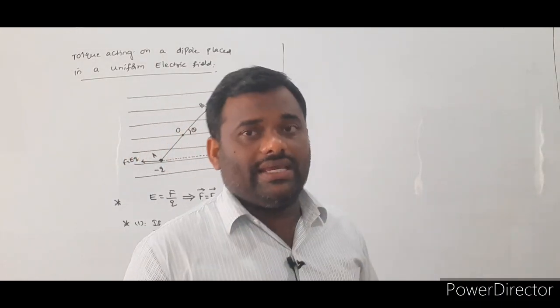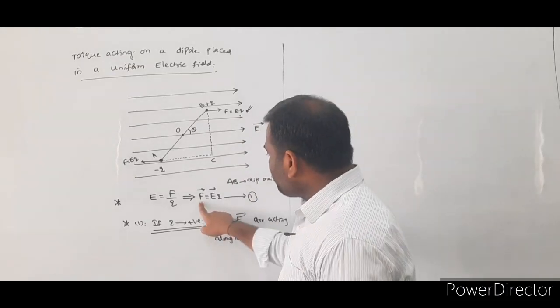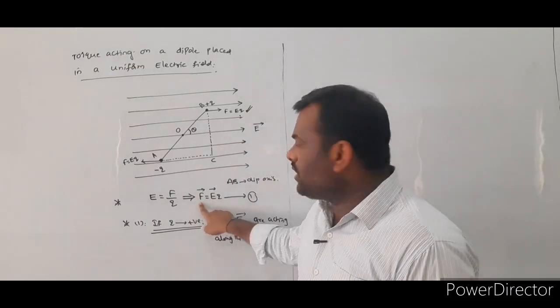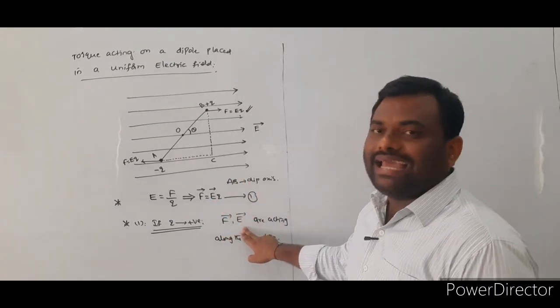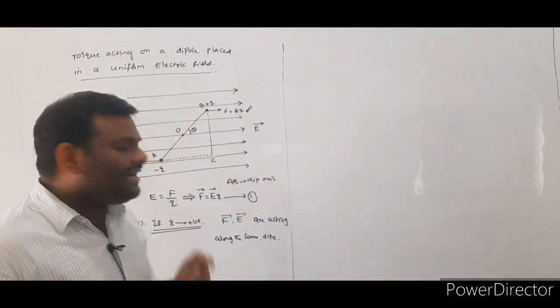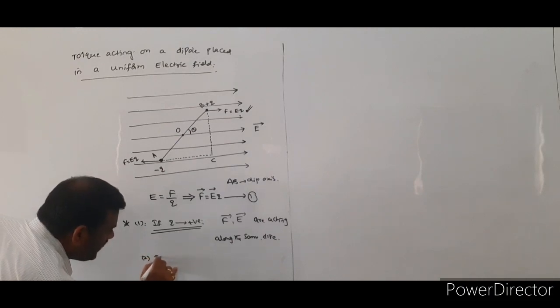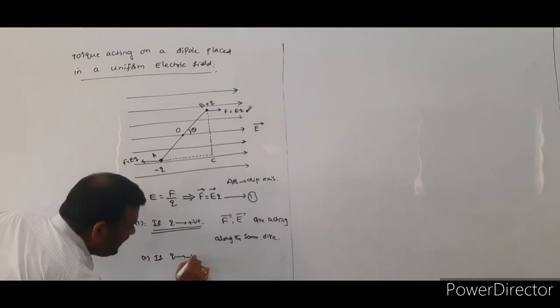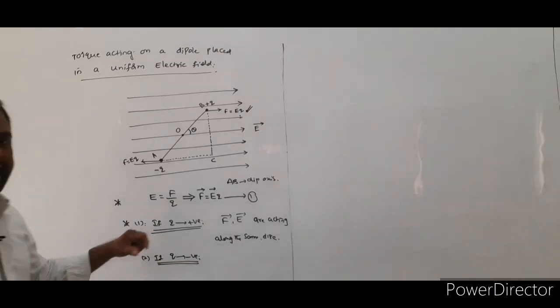Whatever charge we consider, if that charge is positive, then from the equation F bar is equal to E bar into Q, both the force and field vectors will act in the same direction. Suppose whatever charge you consider, that charge Q is a negative charge.